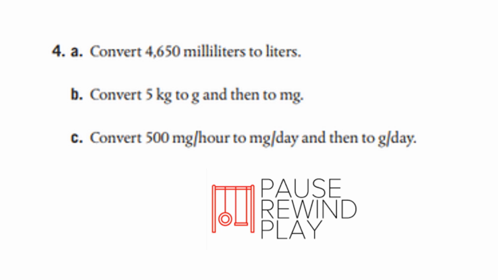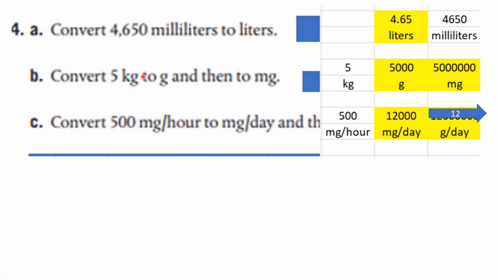Let's see how you did. Okay, there are 1,000 milliliters in a liter, so when I go from here to here, I move the decimal point 3 places, dividing by 1,000, so that's 4.65. Here, first we start with 5 kilograms, but that is 5,000 grams, and then I multiply by 1,000 again, and so I get 5 million milligrams.